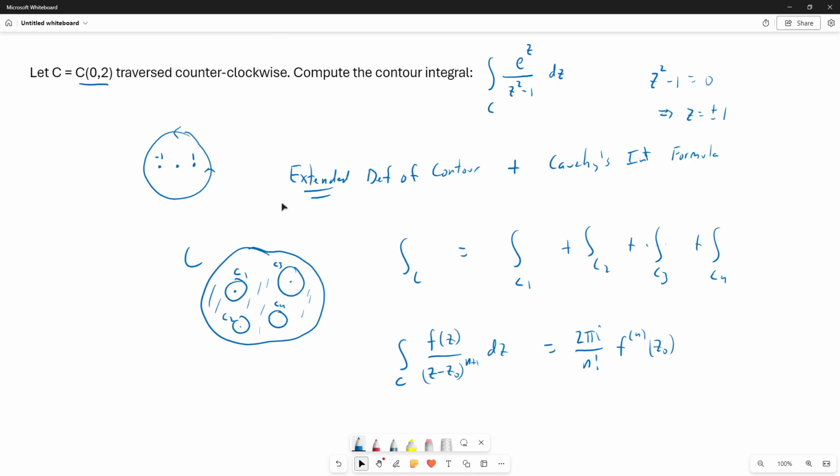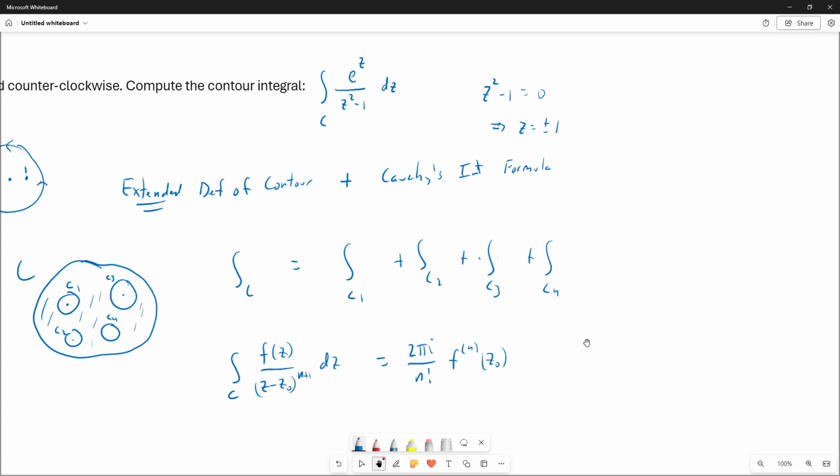So we're going to use these two facts in conjunction. So we're going to have two integrals because we're going to use two circles, one around 1 and one around negative 1. So we're going to have an integral where the circle goes around 1, and then another integral where the circle goes around negative 1. And for each of those integrals, we're going to use this formula.